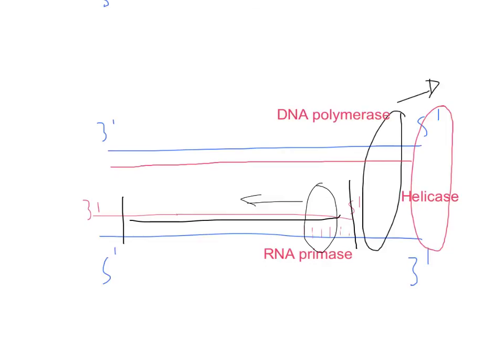After opening up a space, RNA primase and DNA polymerase fill in the blanks, filling in that Okazaki fragment. DNA polymerase and helicase will continue moving along in this direction, opening up a new space that has to be filled, and that continues until the molecule has been replicated.